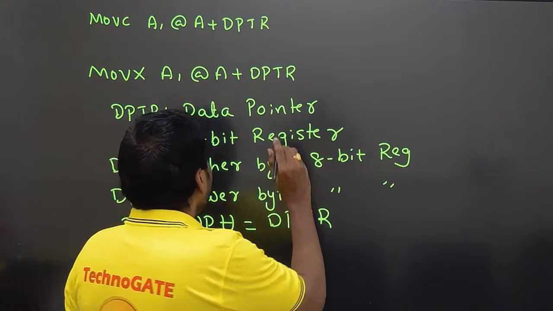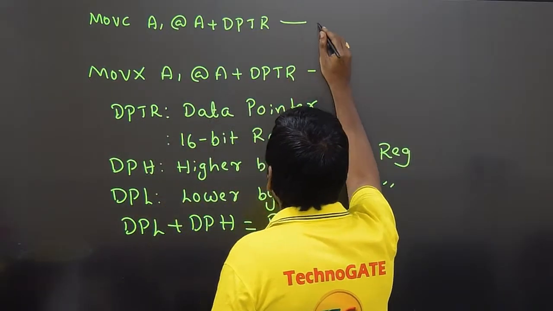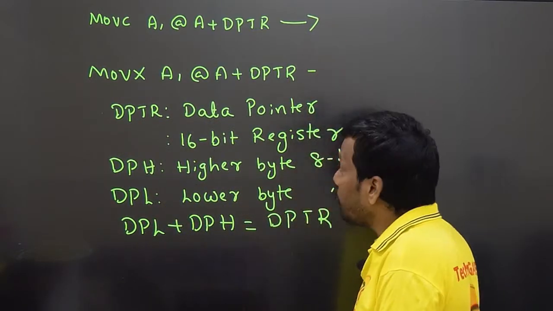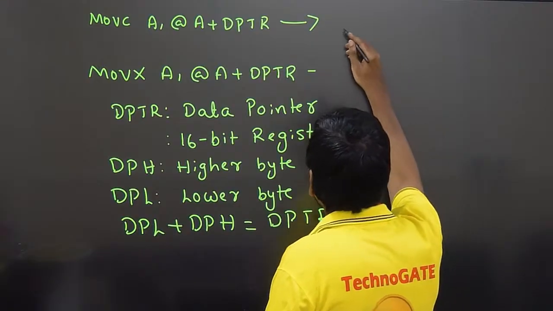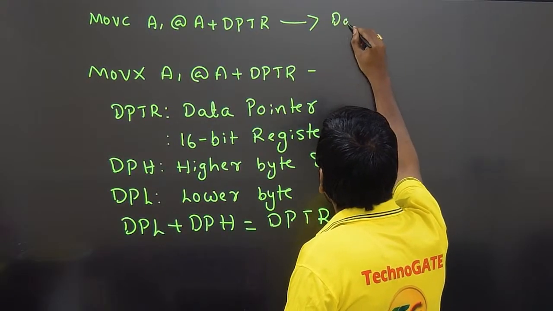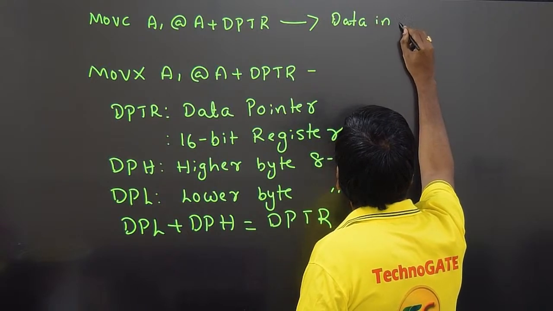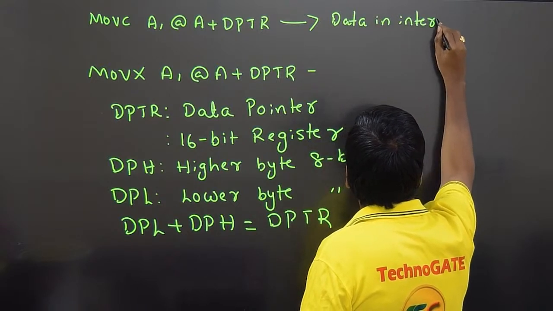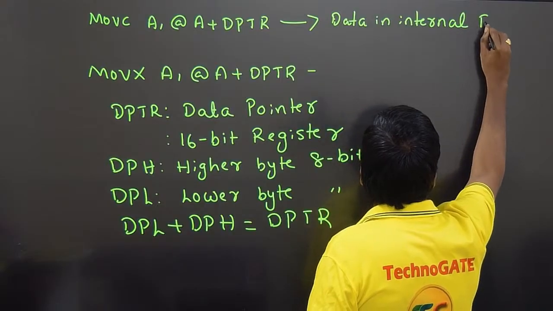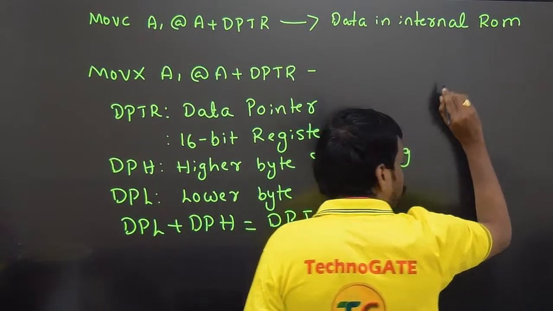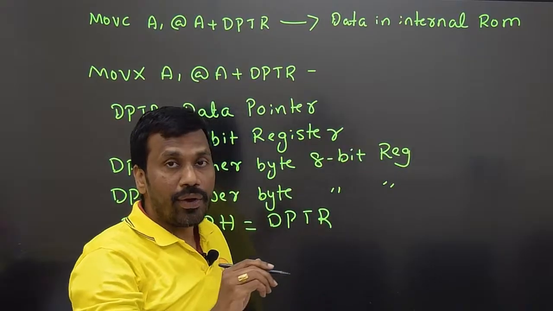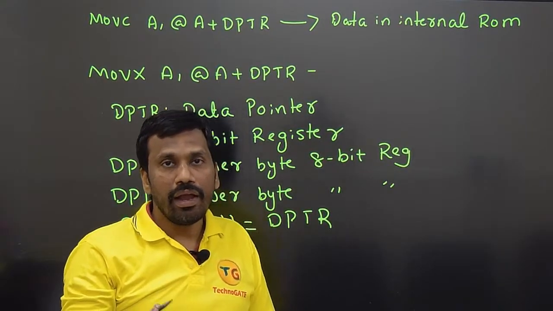So here, what will this instruction do? For example, some data is there in internal ROM. In the microcontroller we have the internal RAM and internal ROM.